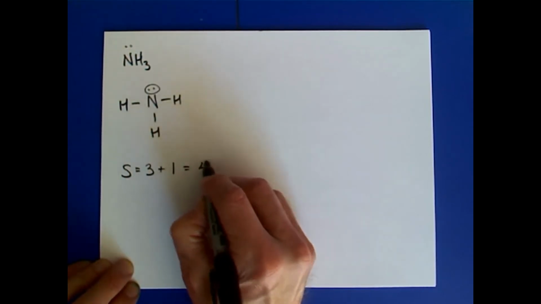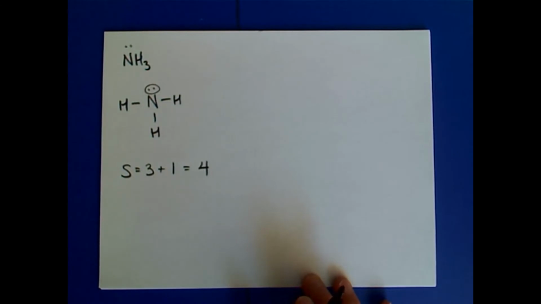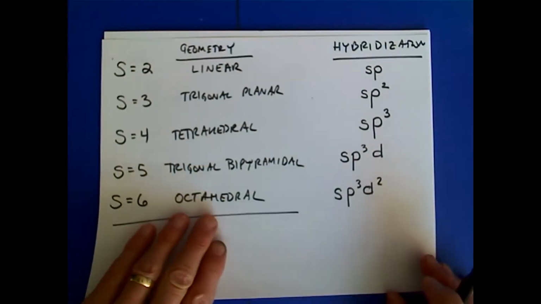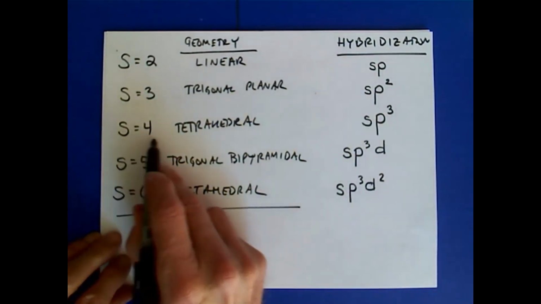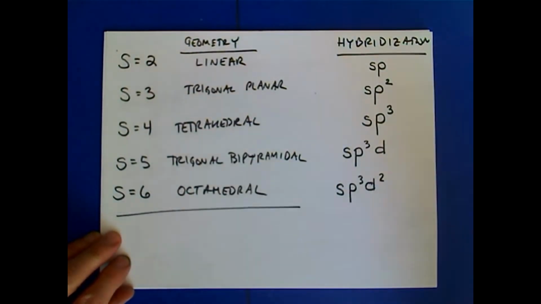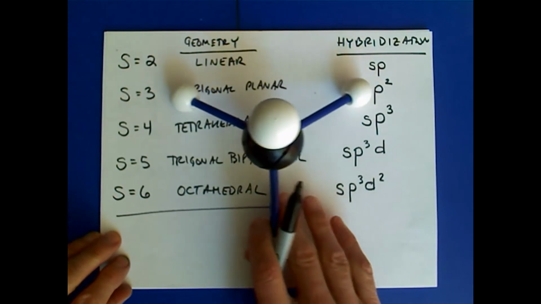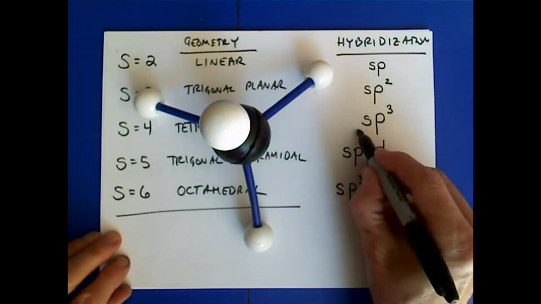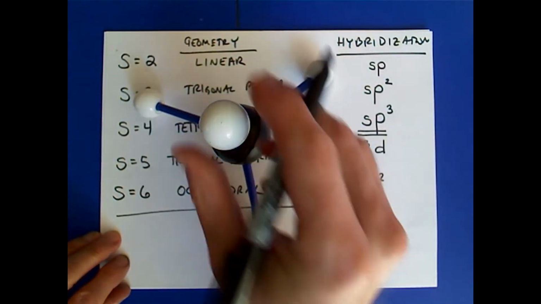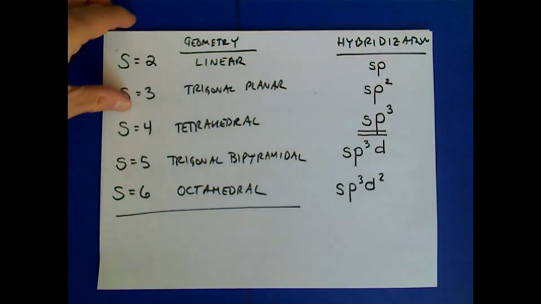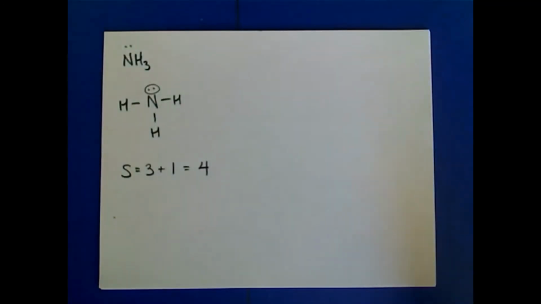That gives us a steric number of 4. If you have a steric number of 4, those electrons are going to orient themselves in a tetrahedral arrangement like this. And that's going to occur from what is known as sp3 hybridization on the central nitrogen. Let's see how that works out.